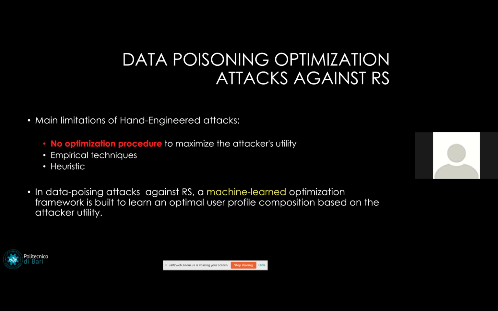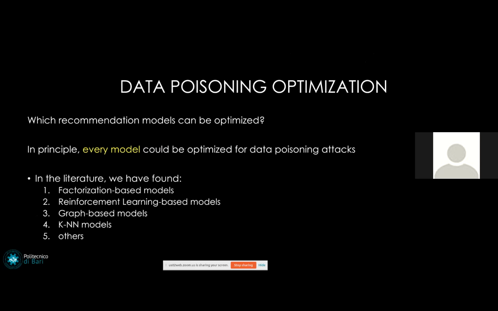In data poisoning attacks against recommender systems, instead, a machine-learned optimization framework is built to learn the optimal profile of the user based on the attacker's utility and the other information available. Specifically in the RecSys community, this type of attack, data poisoning optimization attack, is used for different types of systems, predominantly factorization-based models like matrix factorization, matrix factorization BPR, reinforcement learning, graph-based, and KNN.